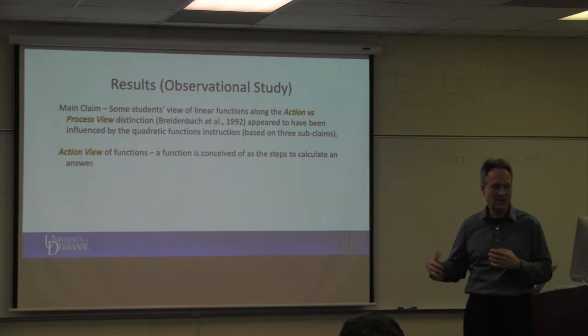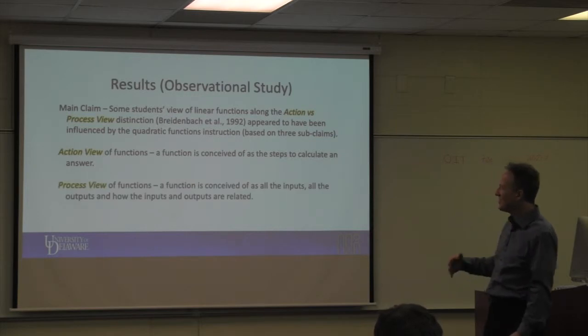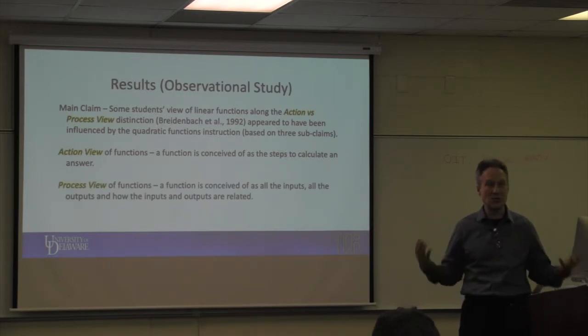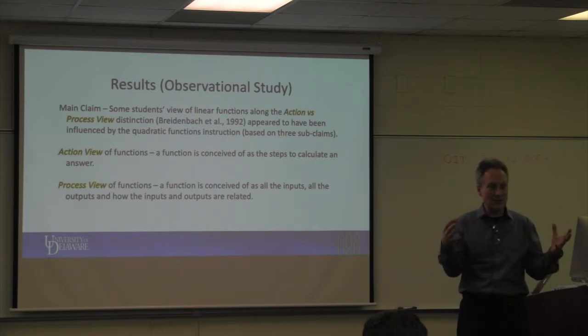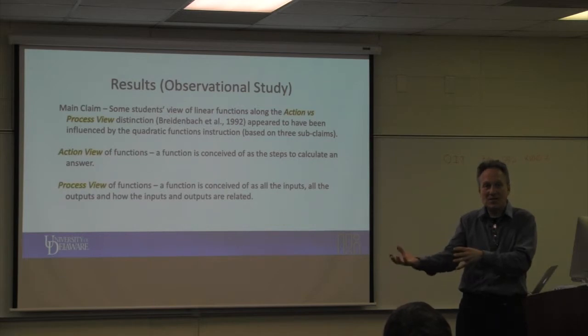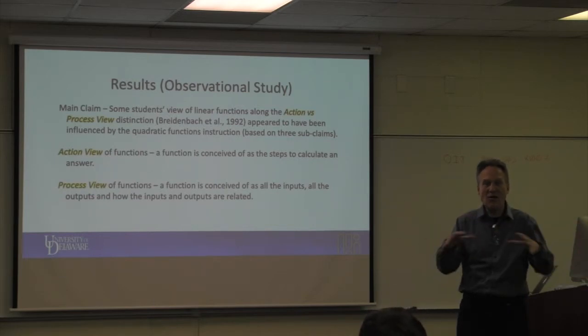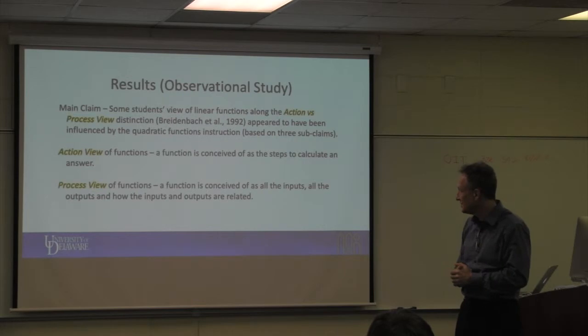You're just calculating steps or calculating an answer. In contrast, a process view is a much more holistic view of the function. You're conceiving of all the inputs, all the outputs, and the relationship between the two, all in your mind. That's all part of your conception of what a function is. So it's a much more comprehensive or holistic view of what a function is.